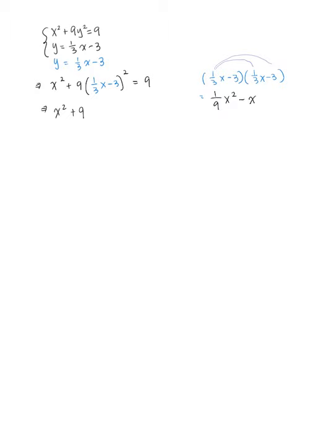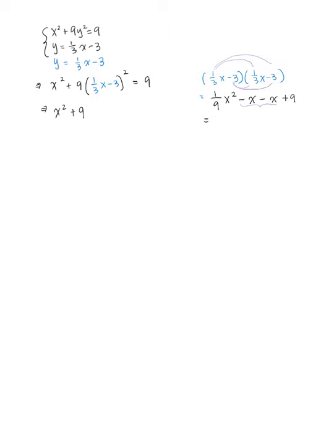Now let's go with the inner term. The inner term is going to be another minus 1x. And our last term, negative 3 times negative 3, gives us positive 9. Combine the like terms: negative x minus x makes minus 2x.